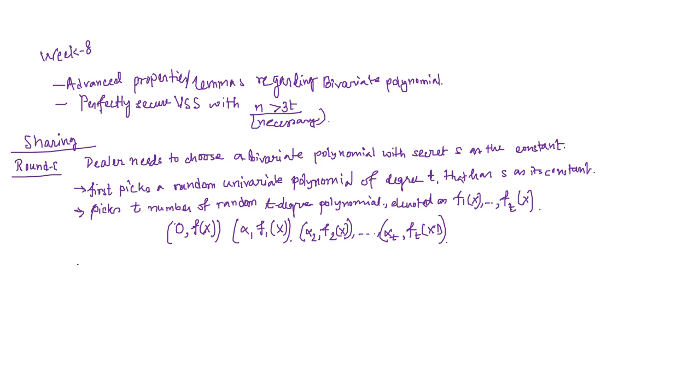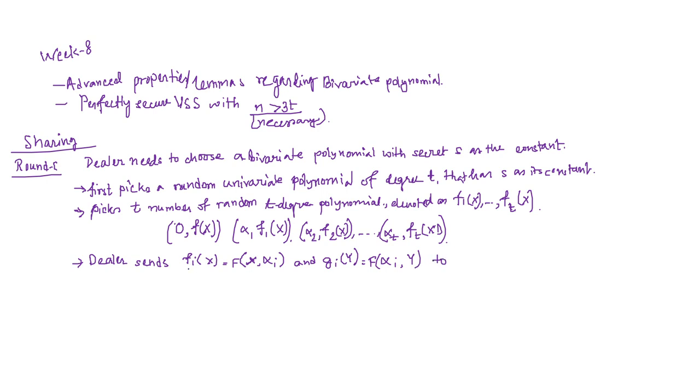Each, so dealer sends to party Pi, fi(x), which is nothing but evaluation of the polynomial at y equal to alpha i, and also gi(y), that is f of x replaced with alpha i.